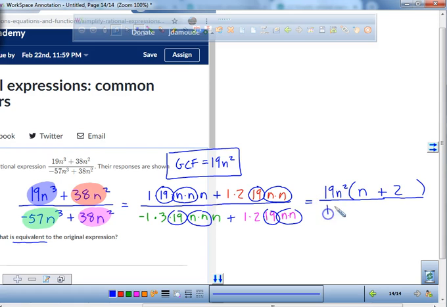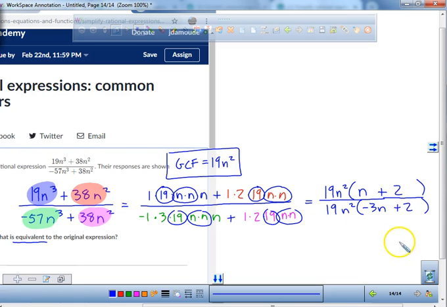So once again, what am I going to factor out? 19n squared. We're going to see what we have left. It looks like inside here I have a negative 1, I have a 3, and I have an n. If I multiply all those together, I get negative 3n. And over here, all I have left is still a 2.